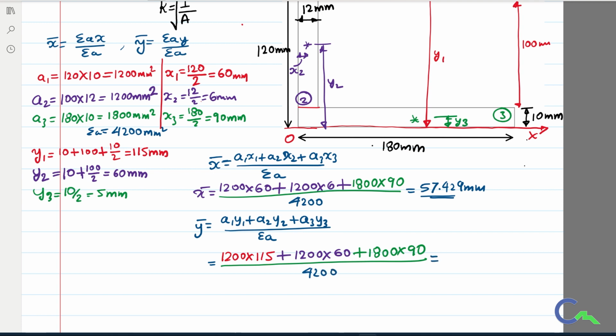If you do the calculation, we get 52.143 millimeter. So these are the x bar and y bar.